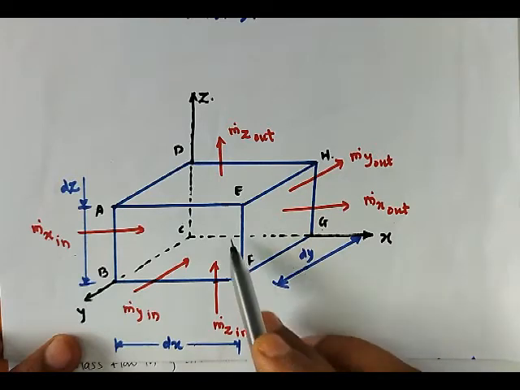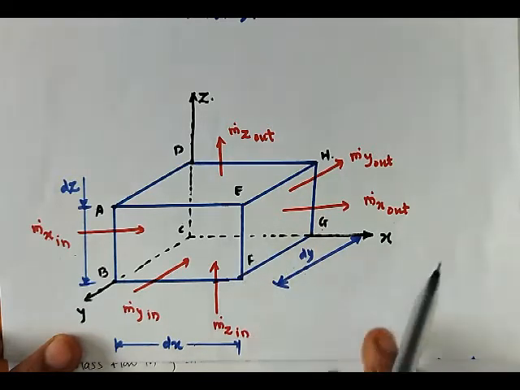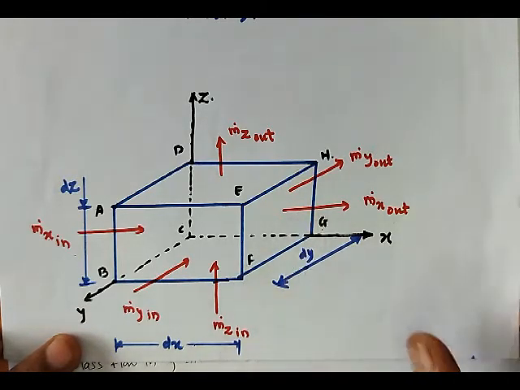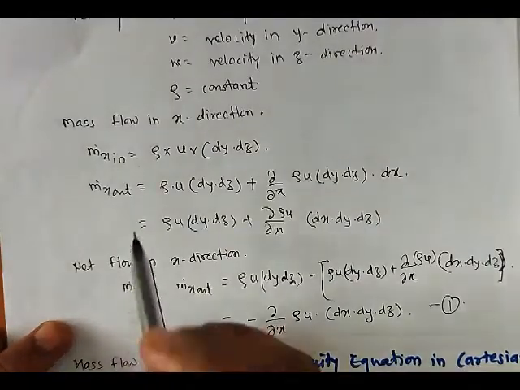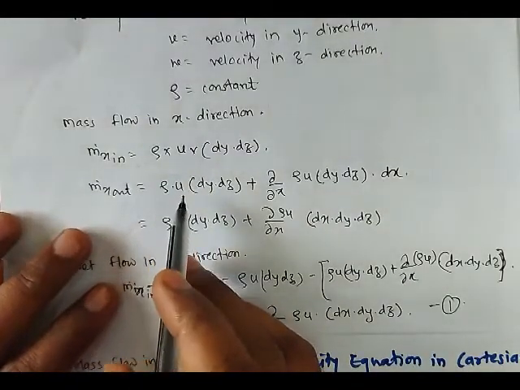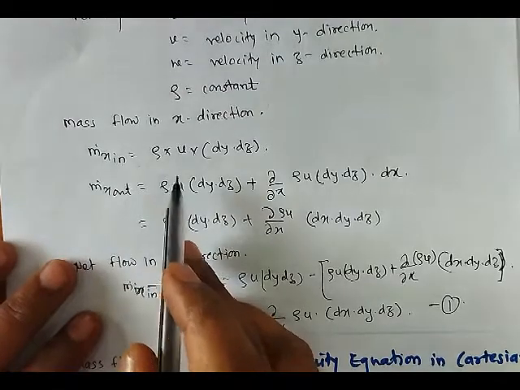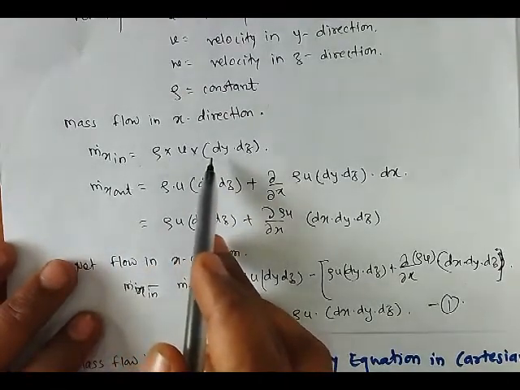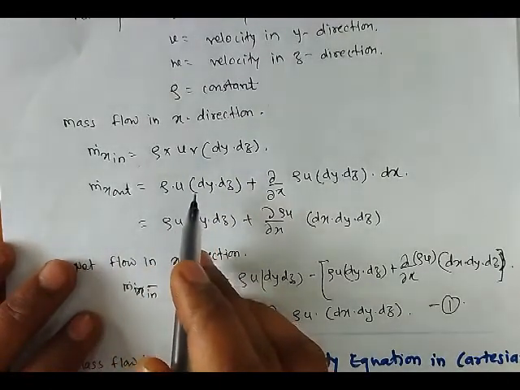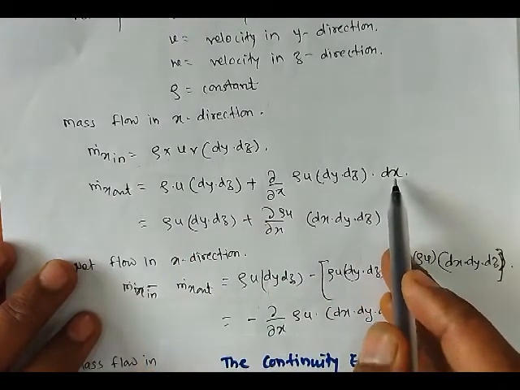But to find this mass flow rate out, we will calculate it using the Taylor series expansion. That means there is a change in this mass flow according to the dx distance.